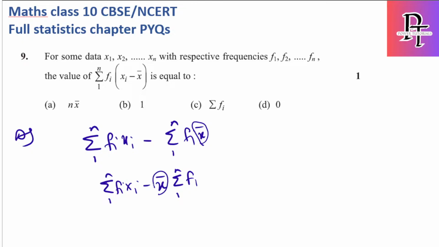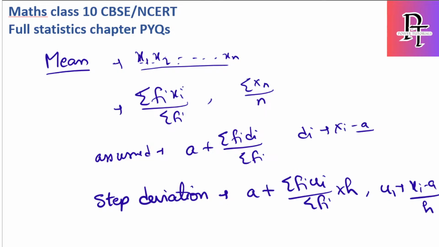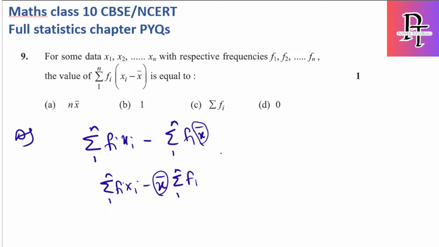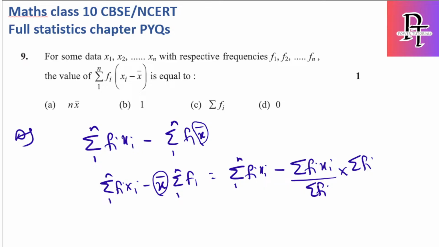What is x bar? The mean formula is sigma fi xi by sigma fi. I write the same here, so this becomes sigma fi xi minus sigma fi xi by sigma fi into sigma fi. These two cancel out, they are exactly the same, hence the final answer is 0.